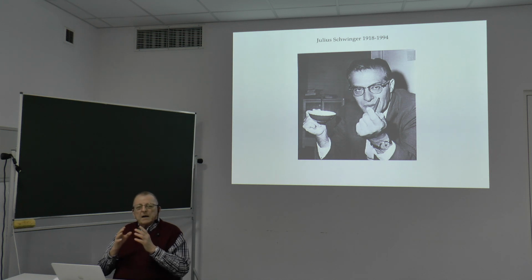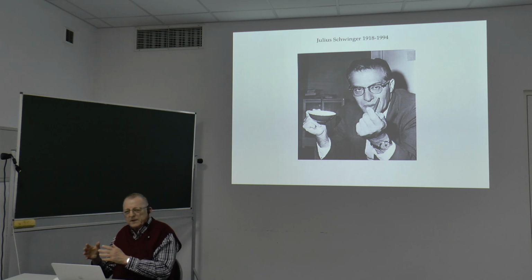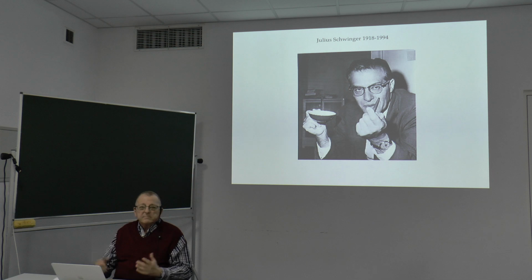Each of them was approaching the problems of quantum electrodynamics in a very different way. And each of them developed a different mathematical technique to solve those problems. Schwinger based his technique on the mathematics which he learned and developed for the waveguides.